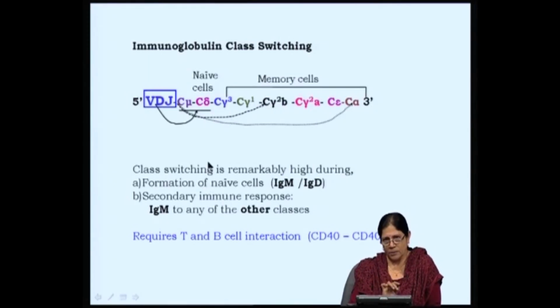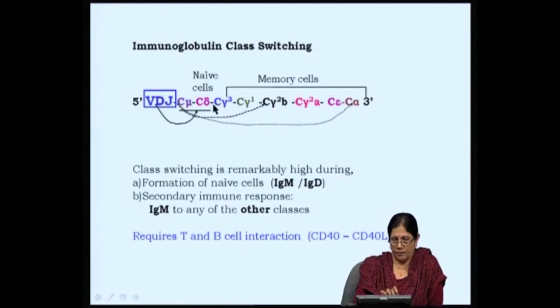Now, when do you see class switching? If one thinks in terms of switching from mu to delta itself, which happens by alternate splicing at the mRNA level, then this switching is remarkably high during the formation of naive cells. You have both.